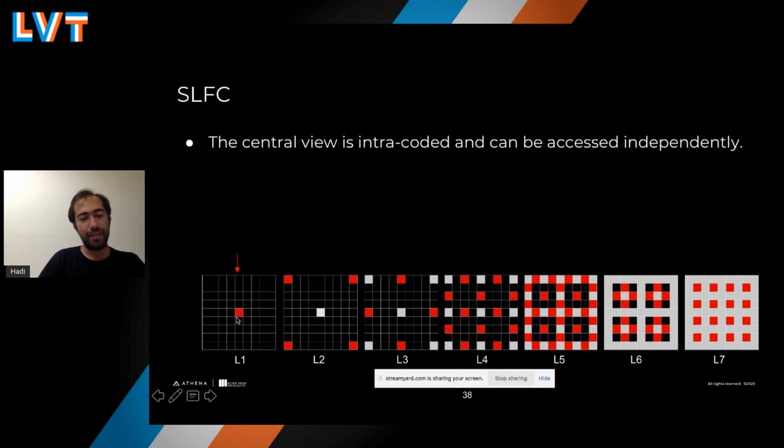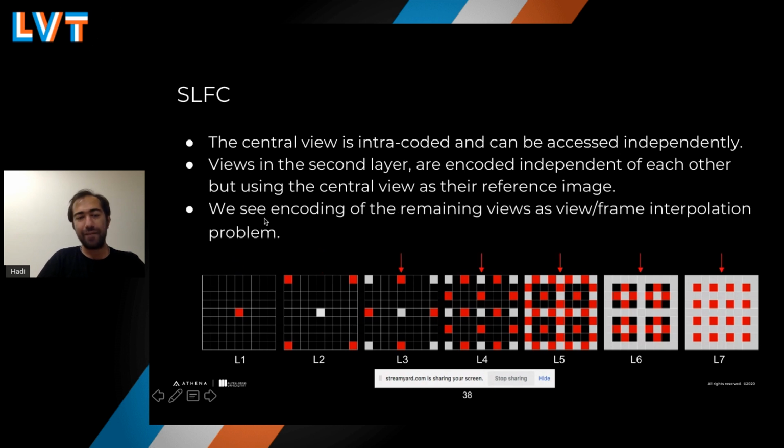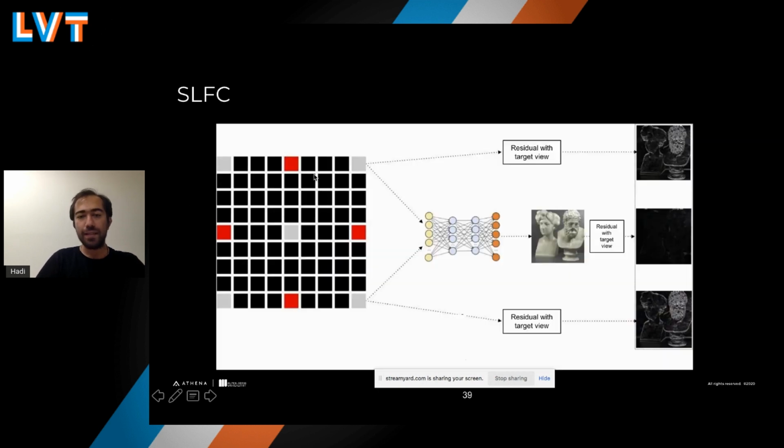We can independently decode this view and have access to the most central view. Then we use this view as a reference to encode 4 corner views. And we see encoding of the remaining views as a view or frame interpolation problem. This is one example. Imagine that the most right view is our target view, and we want to intercode this view.